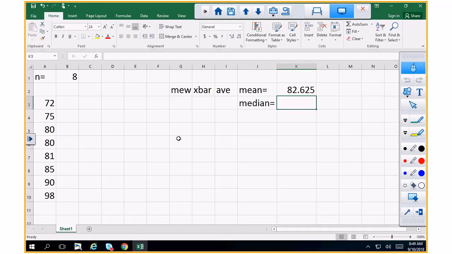Now, beside median, I want you to put observed. It's not the mathematical middle. It is the observed middle. What is the observed middle? You've got to put all your data in what? In order, right? And then you find the middle by observing it. You look at it, okay? You're not calculating the middle.